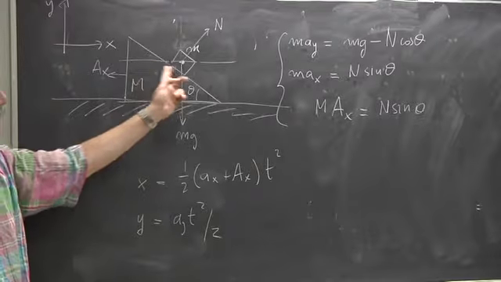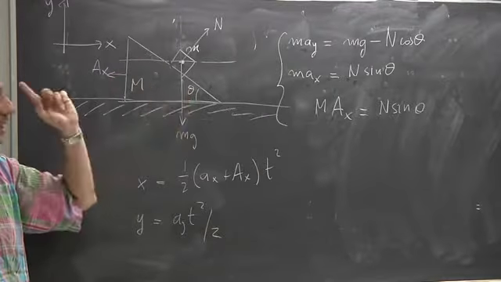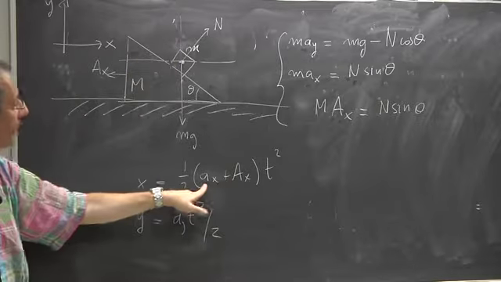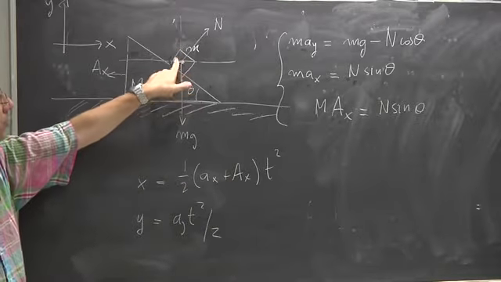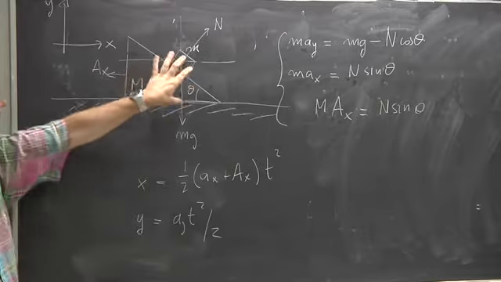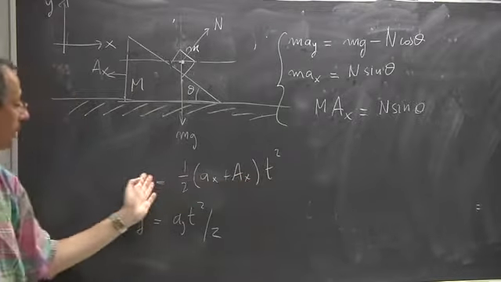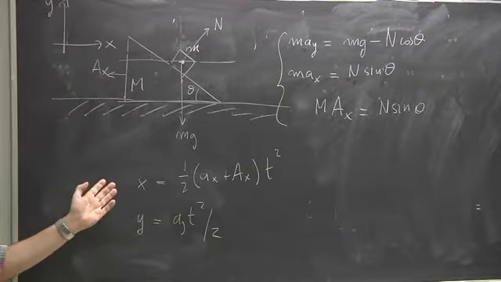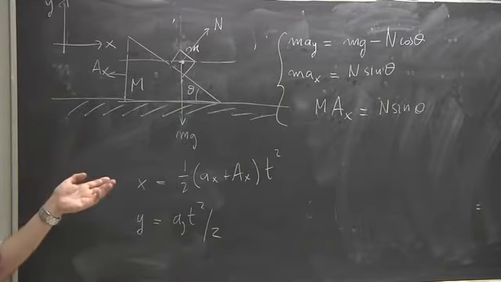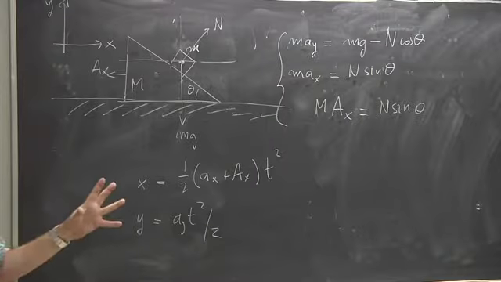The same is true in the x direction. The only difference is that in this direction, the whole system can also move, so I have to add to the intrinsic acceleration of the little mass also the acceleration of the big one. So I get the sum of these two, and that gives me the position in x. Yes or no?